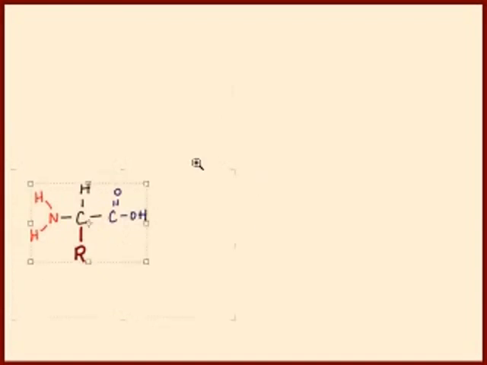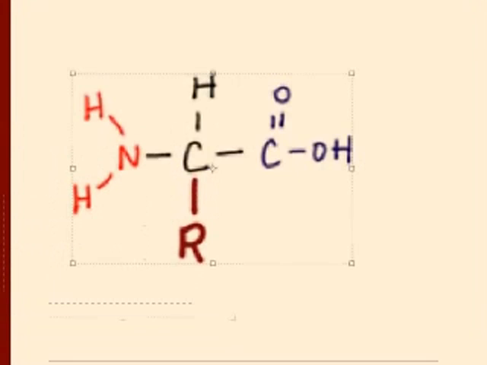Okay. Let's look at some amino acids. Now on the first amino acid that we will show you, this R group changes. So I'm going to get rid of this R group, and I'm going to put the structure that actually goes there. Let's make it purple here.